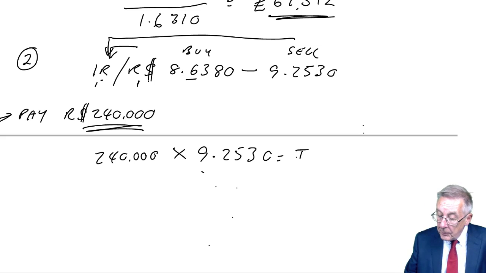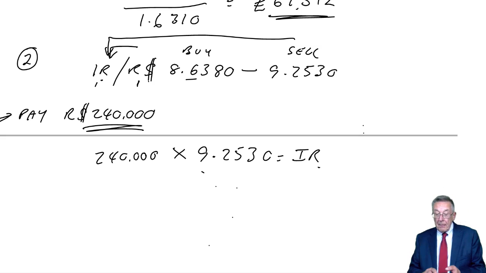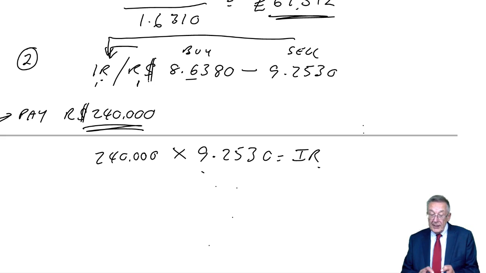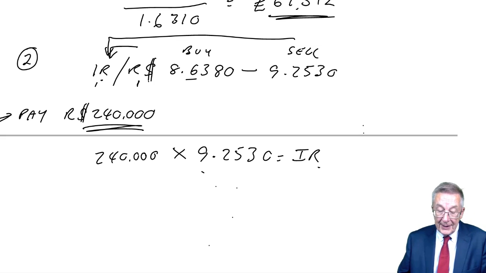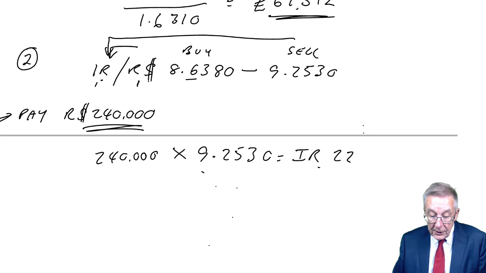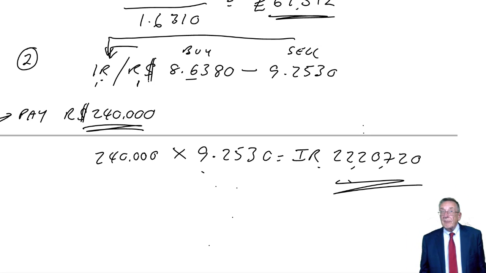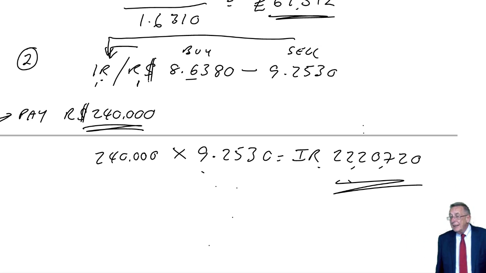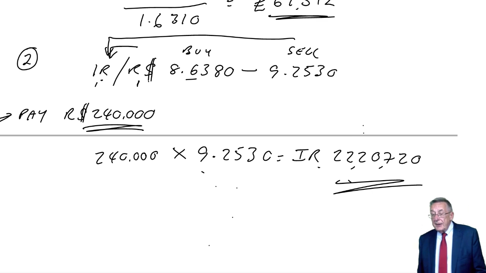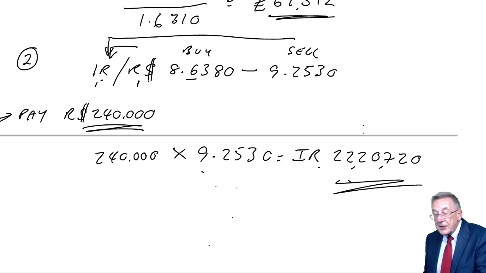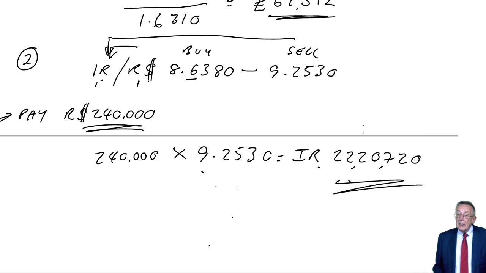And so how many Indian rupees will it cost us? 240,000 times 9.2530. I get 2,220,720. And is that logical? Think about it. As long as you're happy that we're going to have to multiply, because for every dollar it's costing around 9 rupees.